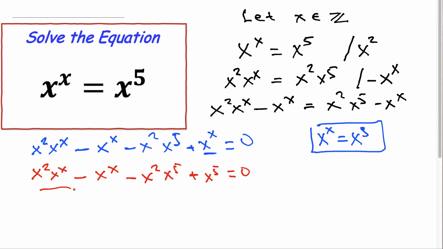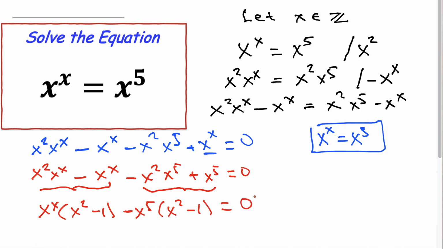If I'm looking here at the first group, I have the common factor x to the x. So we can write x to the x times x squared minus 1. And in the second group, I have x to the 5 as a common factor for both of them, and I can write minus x to the 5 times x squared minus 1 is equal to 0.